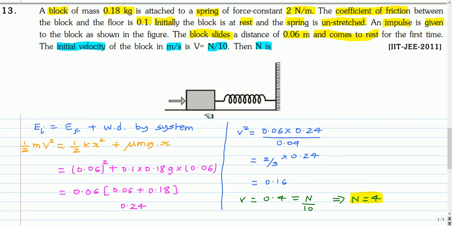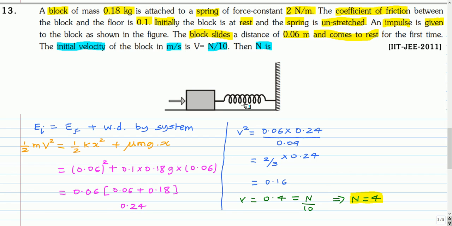So here is the solution. We can write the energy equation. The initial energy equals the final energy plus work done by the system. After the impulse has been given, this block will have an initial velocity v. So the initial kinetic energy is half m v square, and with that velocity it will go and hit the spring and compress the spring until the compression is maximum, where the velocity of the block will become 0.